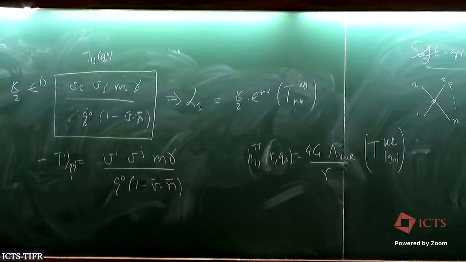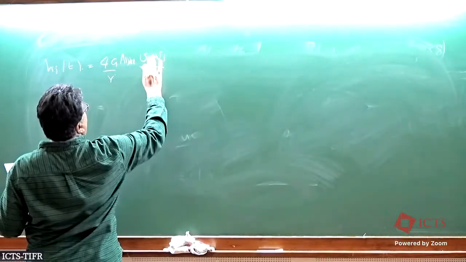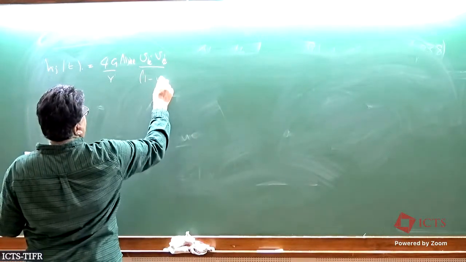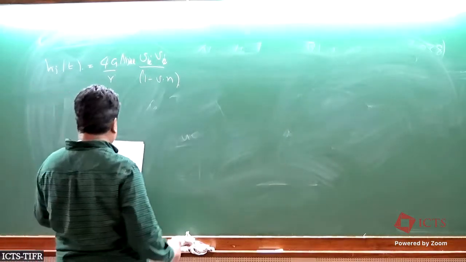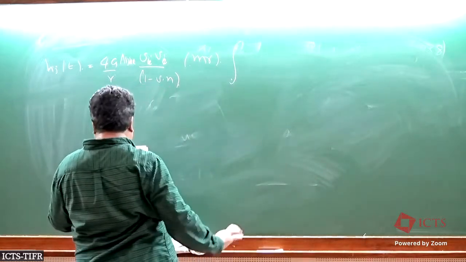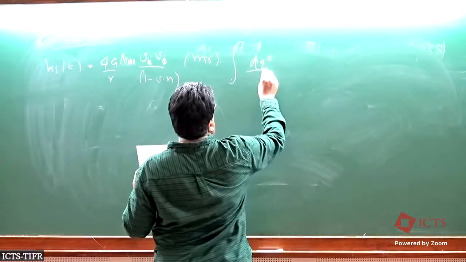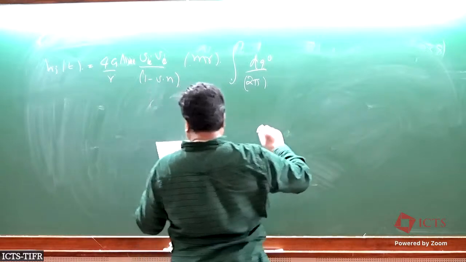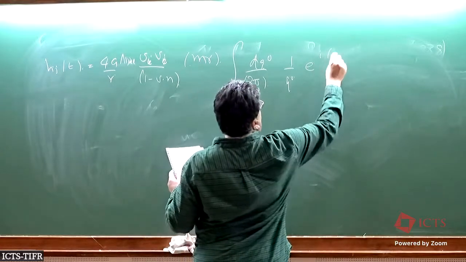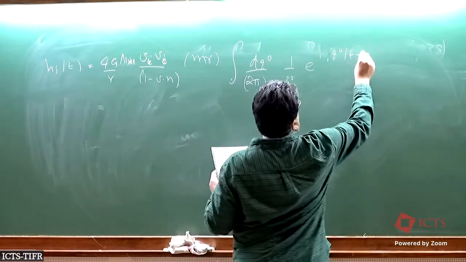So my Hij TT will be 4G by r, Vi Vj, or let's say lambda Ij KL, Vk Vl, and I had an m gamma, and then I take a Fourier transform of whatever is left, which is dq naught upon 2 pi, 1 upon q naught, e to the i q naught, e minus r.